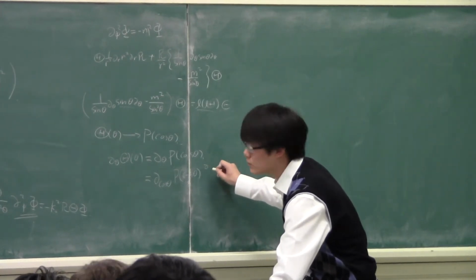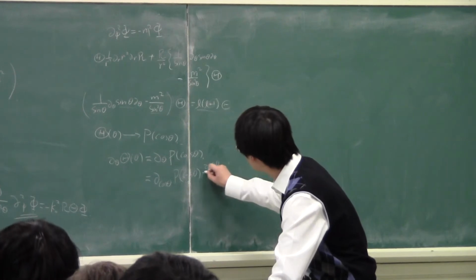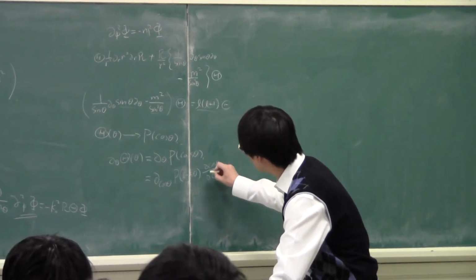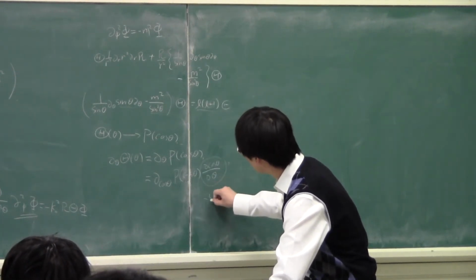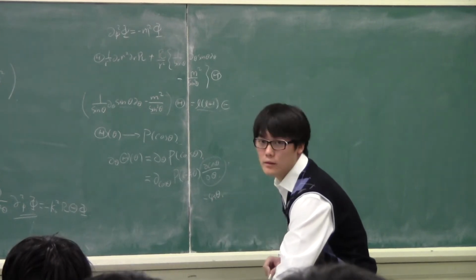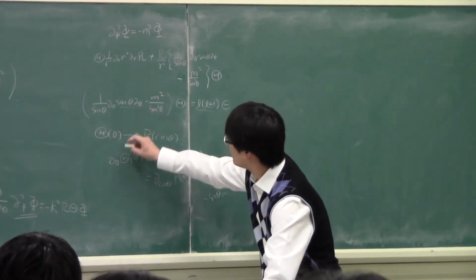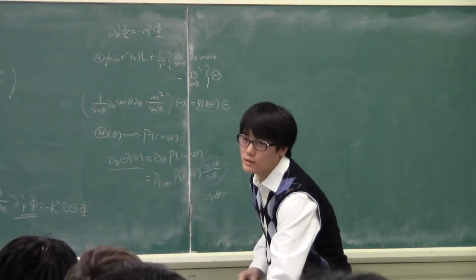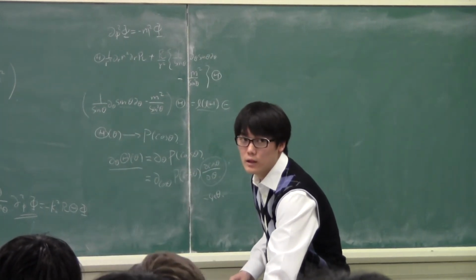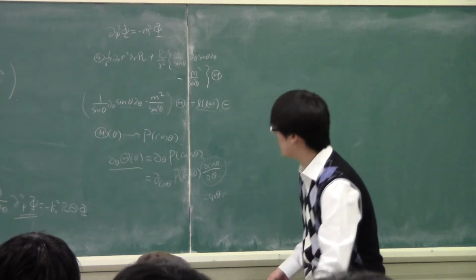So this is just the chain rule. And what is this? This is just minus sine theta, right? So now I can go ahead and replace here an operator that operates on the theta eigenfunction with something like this.